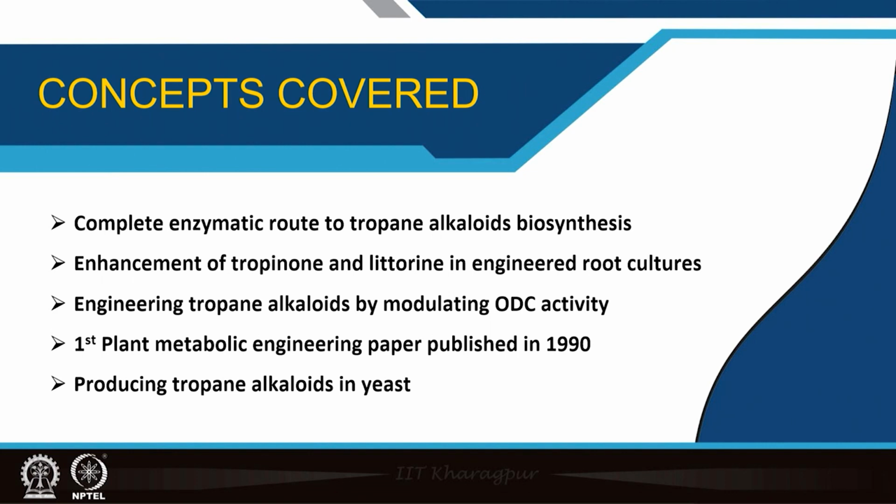First, we will start with the complete enzymatic route to tropane alkaloid biosynthesis. Then we will come to individual case studies like enhancement of tropinone and littorine in engineered root cultures.